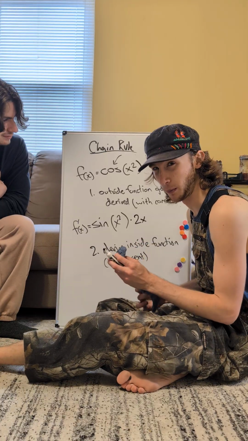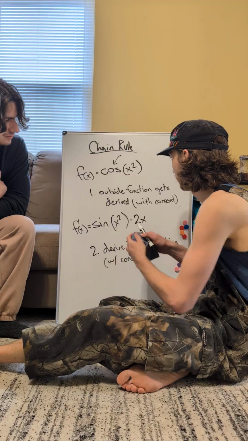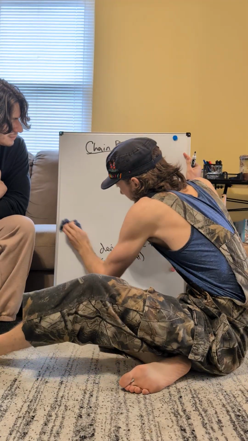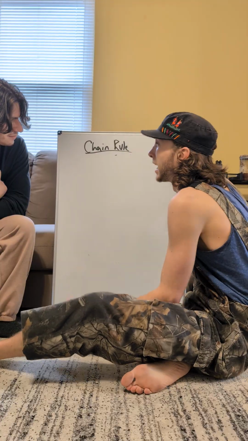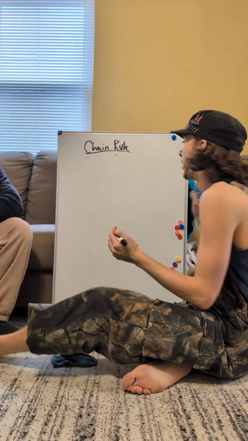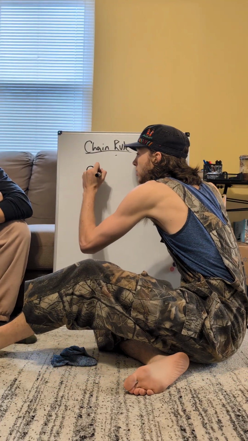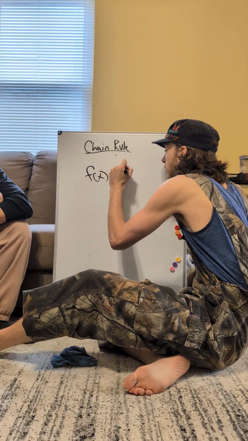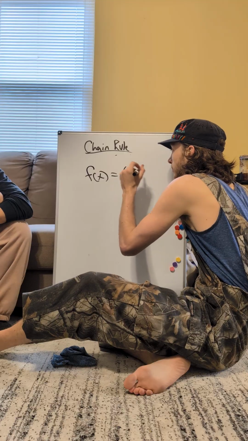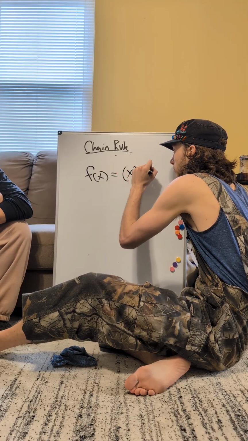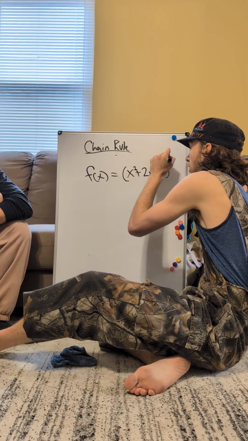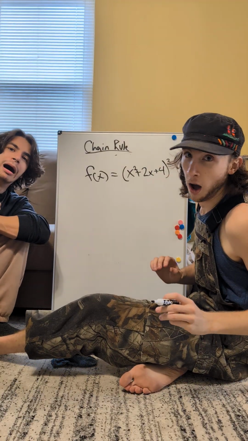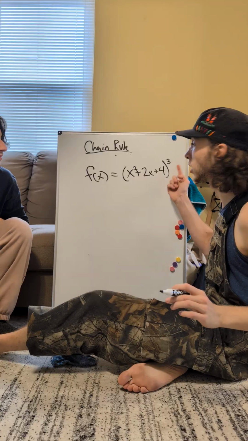So maybe we should do one more example just to make sure you've got that one down. I've got one. F of x equals, I hate trig functions, so we're not going to touch them. Outside function is something cubed.